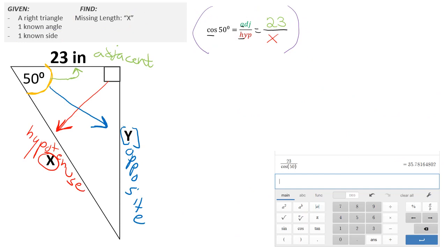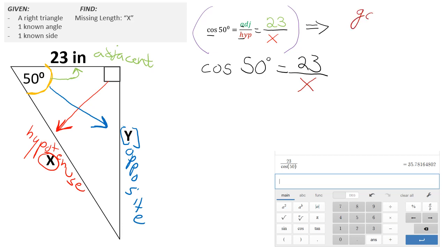So to continue on with this example, we found on the previous page that the cosine of 50 degrees equals 23 over that unknown x.